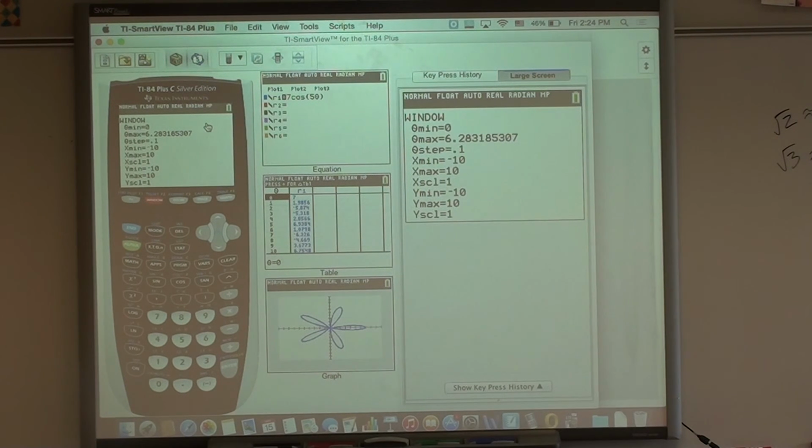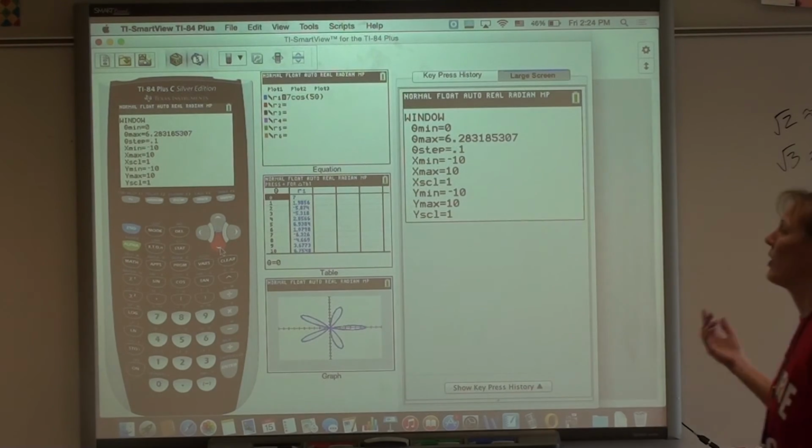Sometimes it'll double up. Sometimes one complete cycle is just 0 to pi, but sometimes it's 0 to 4 pi, but 0 to 2 pi is a very good default to start with. Do you guys remember when we did parametric, the t value? Polar graphs the same way.